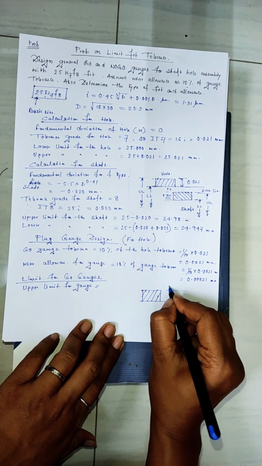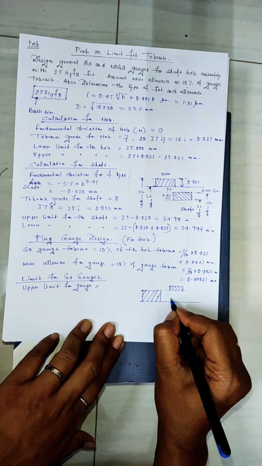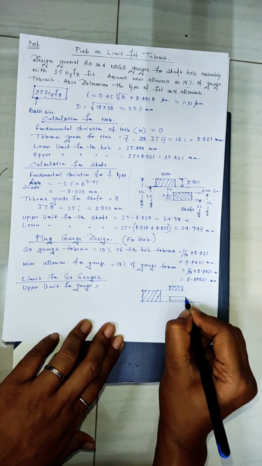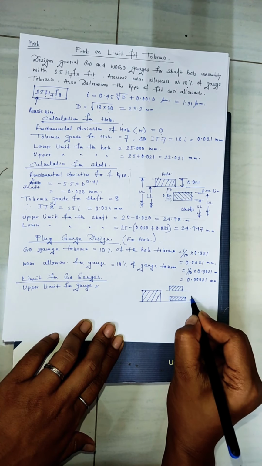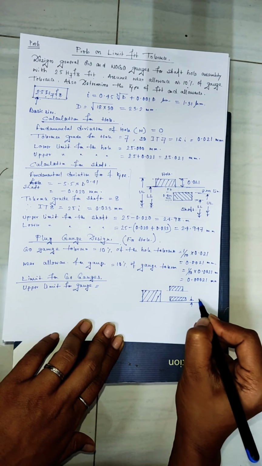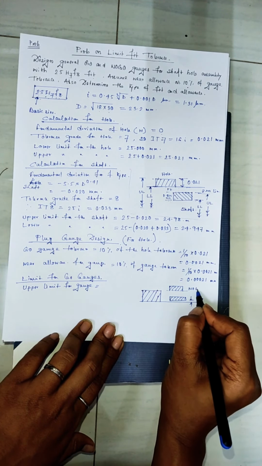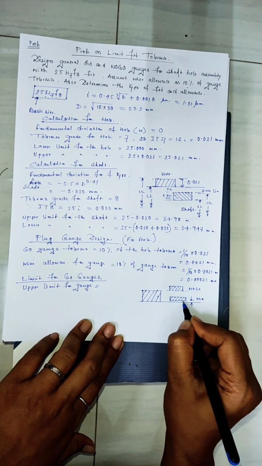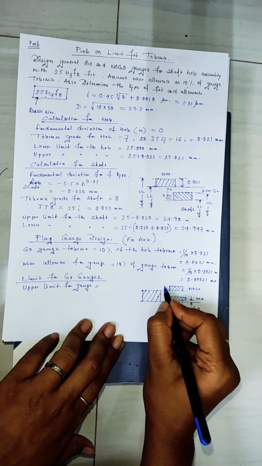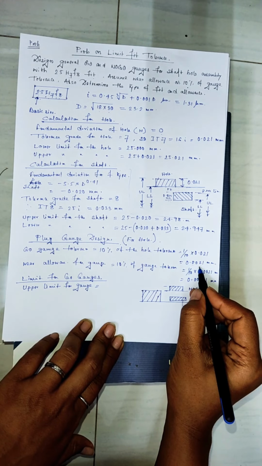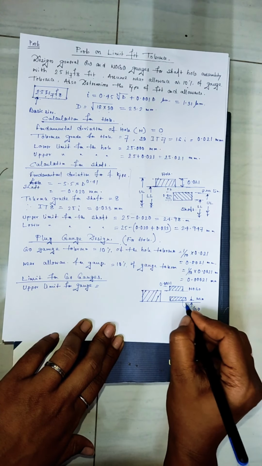This is the no go gauge tolerance and this is the go gauge tolerance. This small value is the wear allowance. Clear? This is the no go gauge and this is the go gauge, right? So this value is known, 0.0021, 0.0021. Clear?